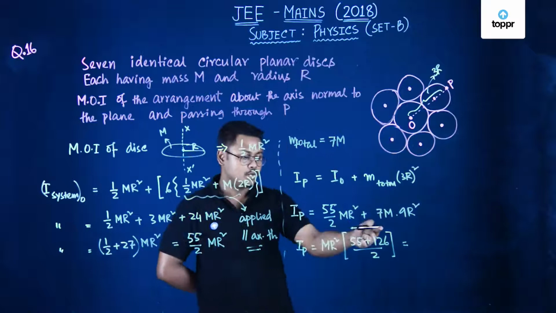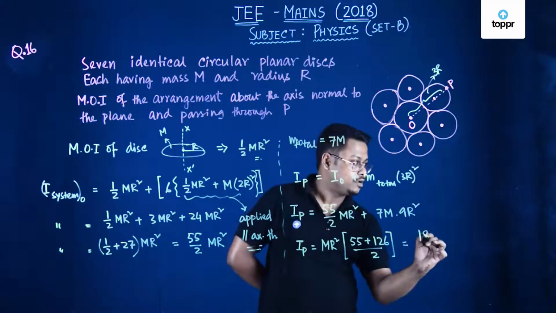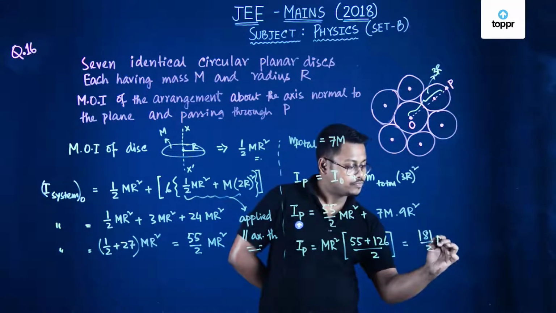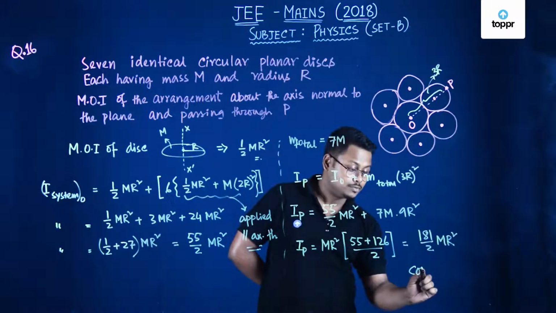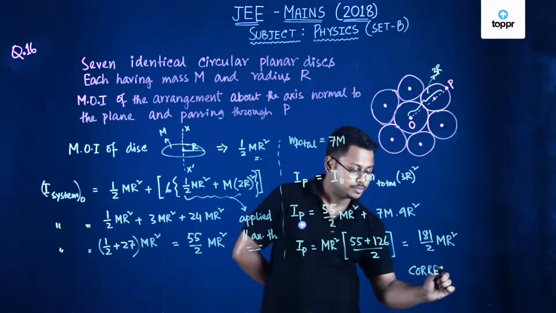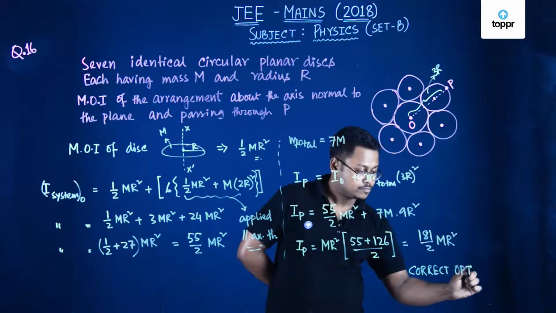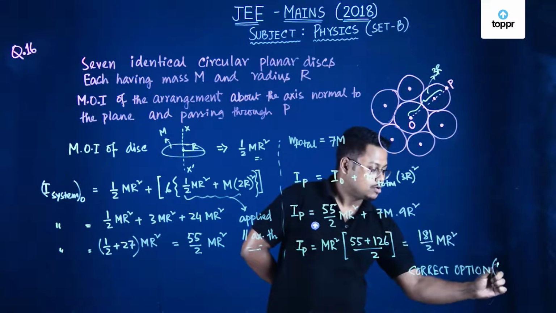So it will be 126 plus 55 is 181 upon 2 M R square. So the correct option is option 2.